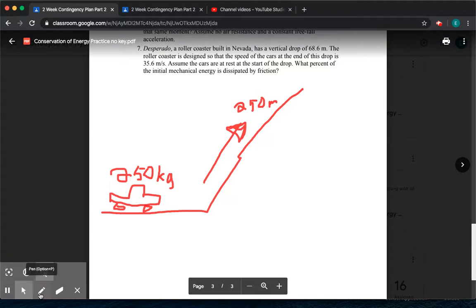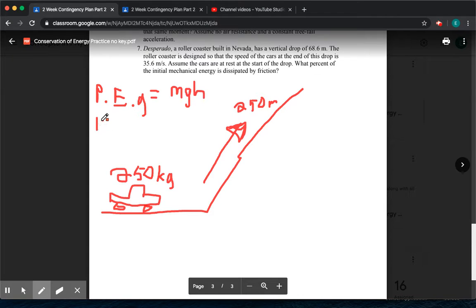So let's do that. We're going to need two equations: the PE equation and the KE equation. PEG, to be more specific, gravitational potential. PEG is mgh, mass times gravitational acceleration, which you know is 9.81, times the height.